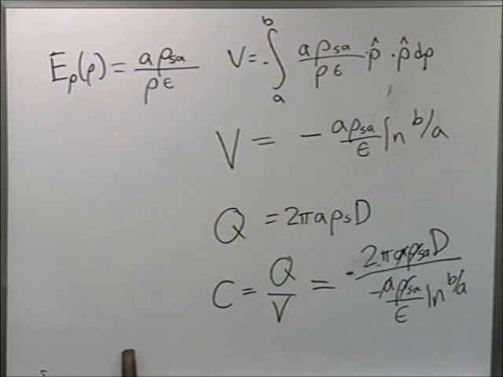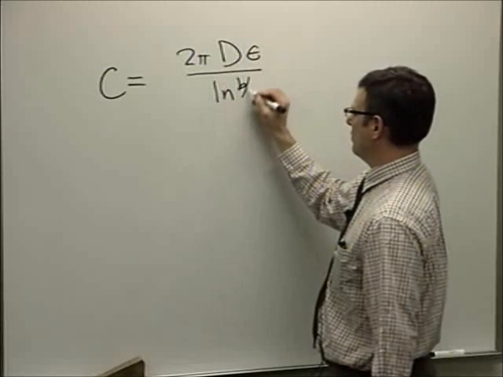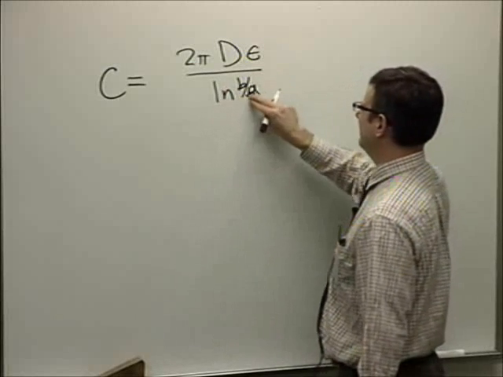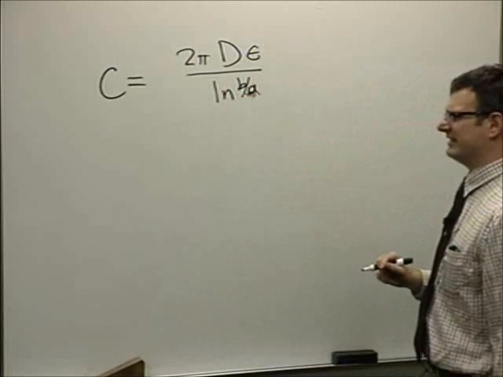We only have seconds before the bell rings. 2 pi D. I'm going to flip my epsilon up into the numerator. And I'm going to keep here log B over A. And for some reason, I picked up a minus sign.